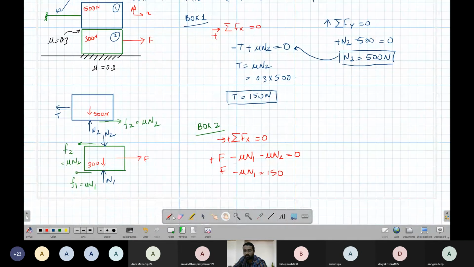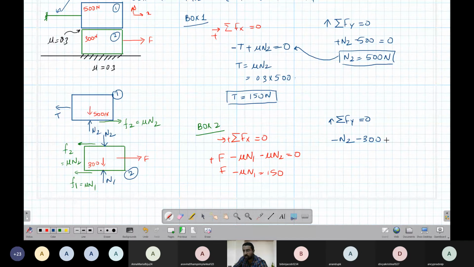We will try to find the other equation also here. The summation of all the forces in the y direction should be equal to 0, up positive. This is box 2 that we are looking at. This is 2, this is 1. For box 2 in the y direction, what forces are there? There is an N2 which is downward, so minus N2. There is a 300 which is downward, so that is minus 300.